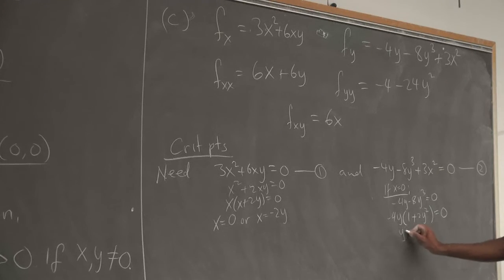Y equals 0 or plus or minus, no real solution anyway, right? So y equals 0 is the only guy here, which means that this gives me the critical point 0, 0.